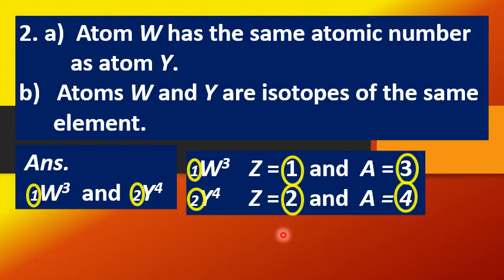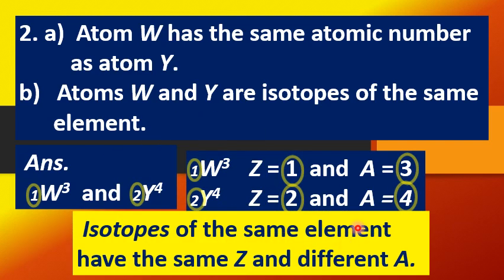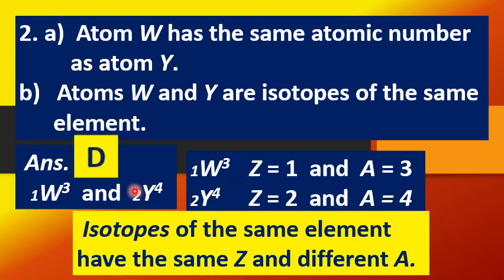Because when we say isotopes, these are atoms of the same element. In other words, they must have the same atomic number, capital Z, and different mass numbers, capital A. So, since both statements A and B are false, our final answer for question number 2 is option capital D.